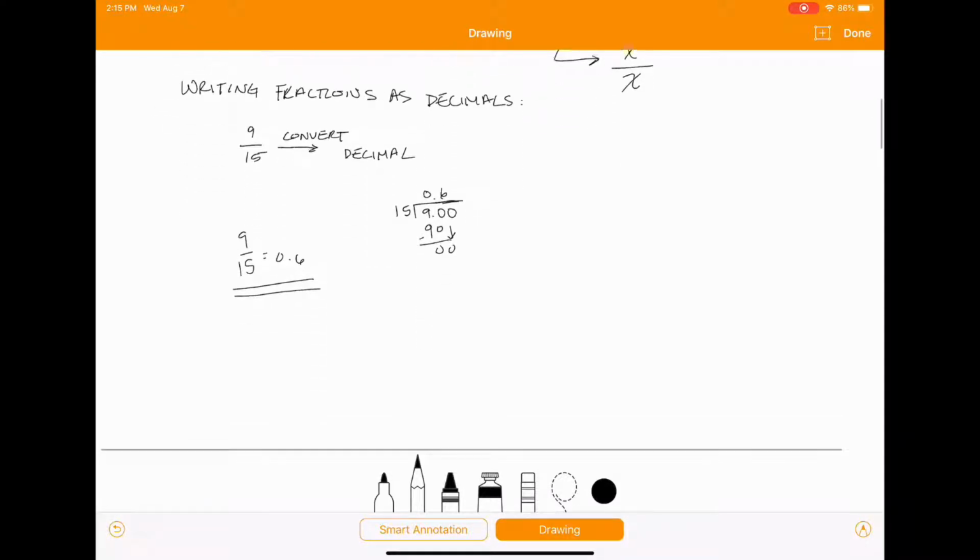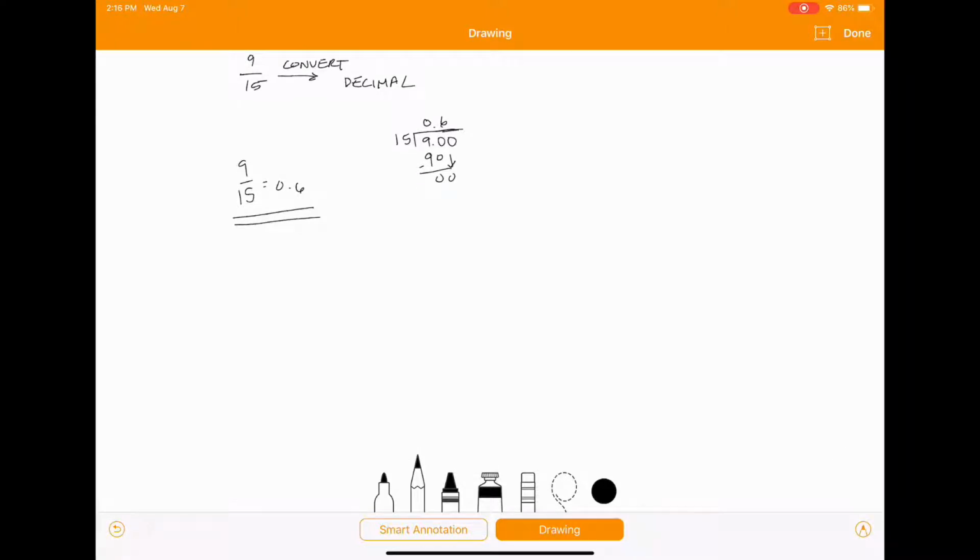Now, if you wanted to go back the other way, you would just take this 0.6, and since the 6 is in the tenths spot, this is 6/10.